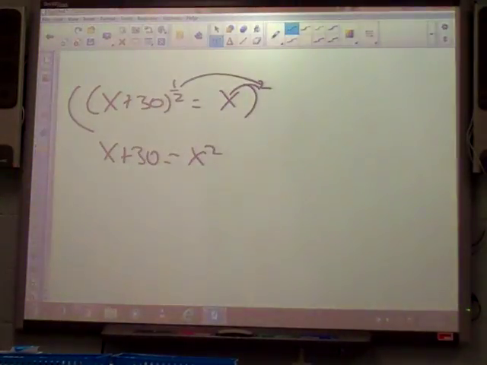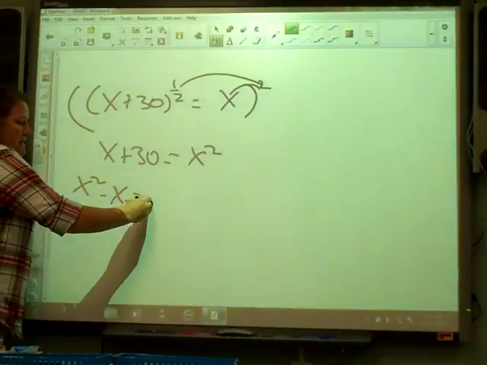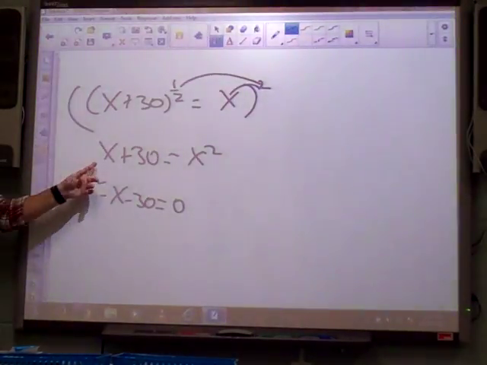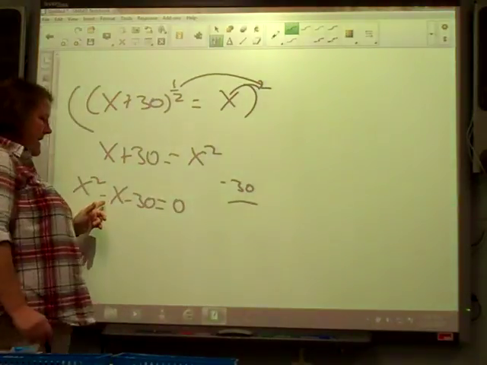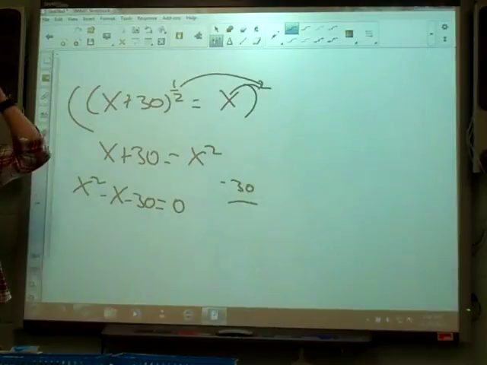Okay, Stephen's setting it equal to 0, so he's got x squared minus x minus 30 is equal to 0. Quadratic formula, or this one will factor. Can you do AC? A times C is negative 30. What factors of negative 30 add to negative 1?